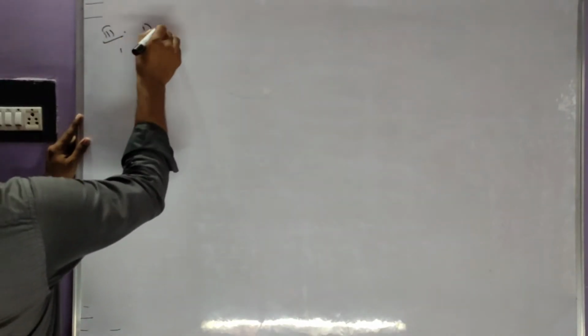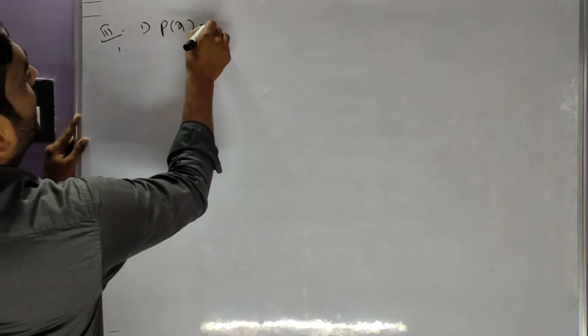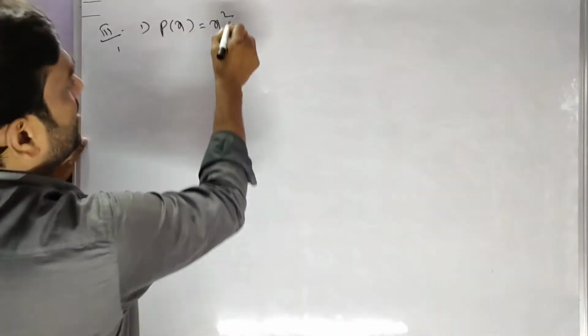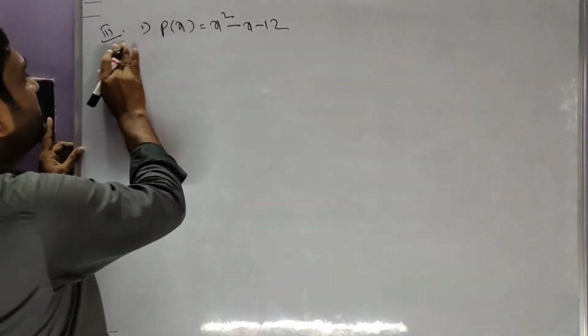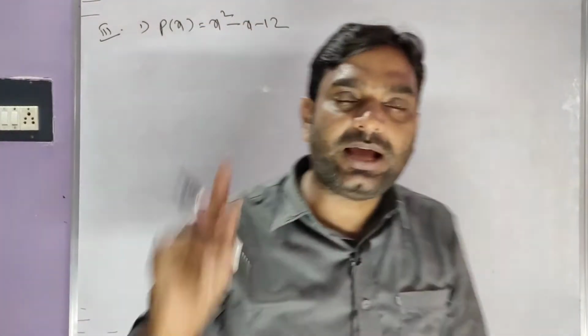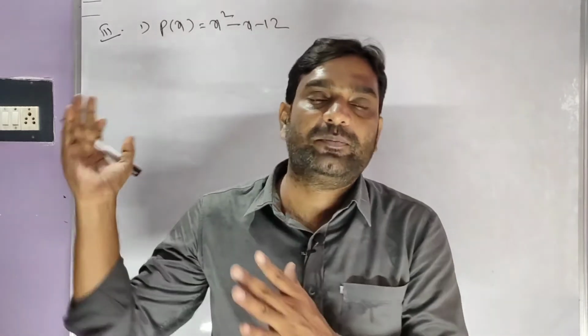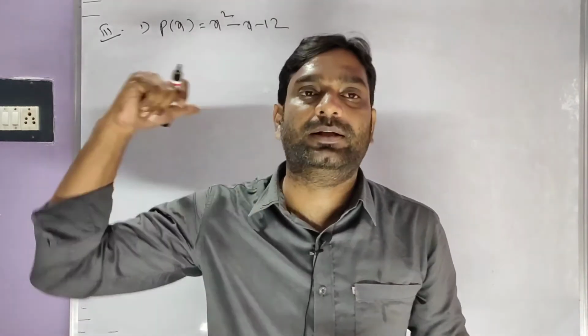Third bit, first problem, p of x equal to x square minus x minus 12. Draw the graph of the given polynomial and find the zeros by the graph.